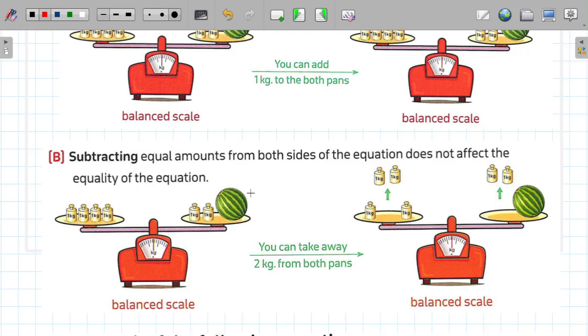If I subtract or take away 2 kilograms from both sides, the first side will be 2 and the second side will be just the watermelon, and the scale will be balanced. So adding or subtracting equal amounts from both sides of the equation does not affect the equality of the equation.